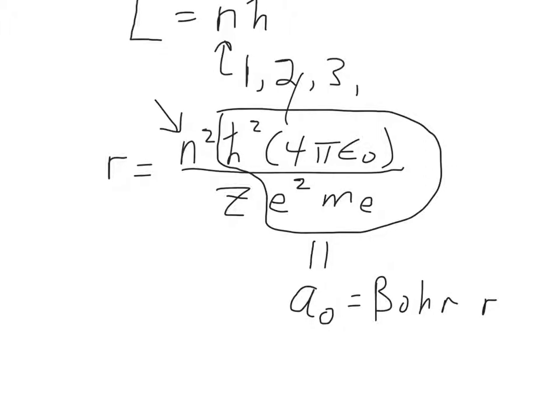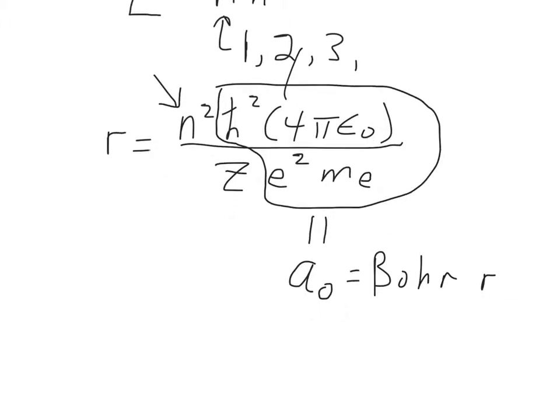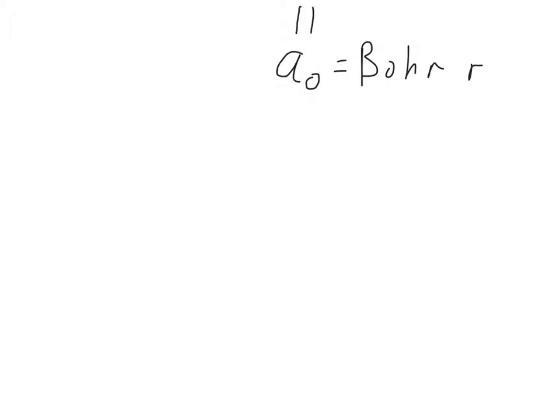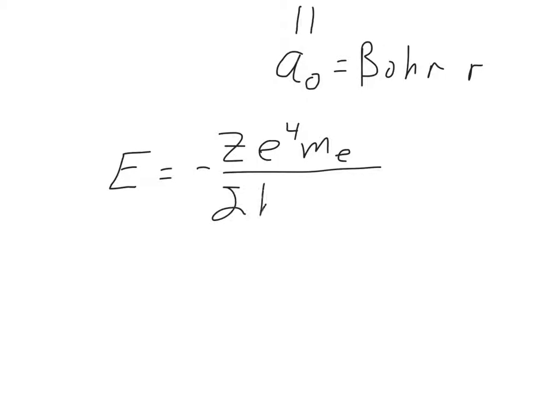And then finally, the energy. The allowed energies are given by equation 13 in the document for this chapter, and it's a fairly complicated expression. E equals minus z squared e to the fourth m_e over 2 h bar squared, times 4 pi epsilon naught squared, over n squared.